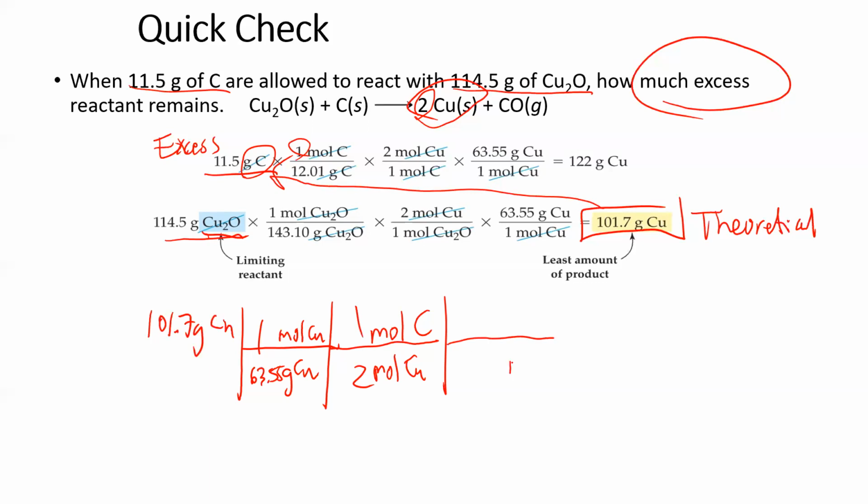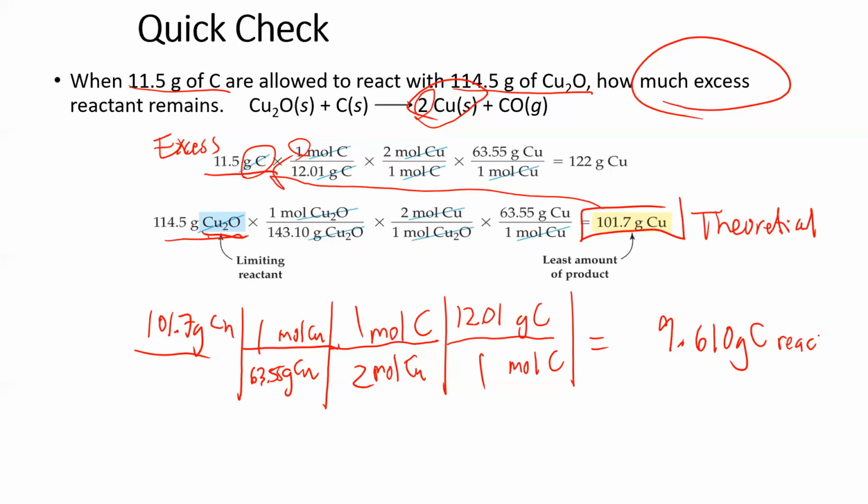And then I go from moles of carbon to the grams of carbon required to react to produce this theoretical yield. 1 mole of carbon, I look at the periodic table, 12.01 grams of carbon. What do I get? I end up getting, because I have to follow sig fig rules, 9.610 grams of carbon react.